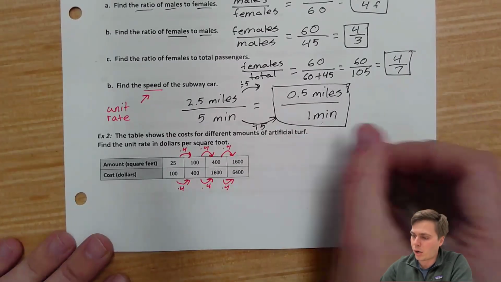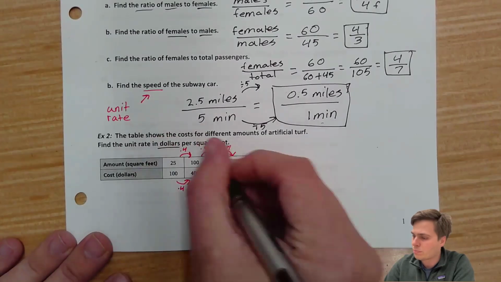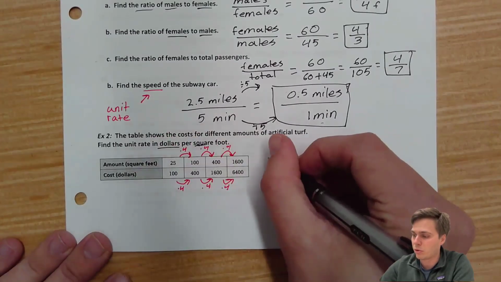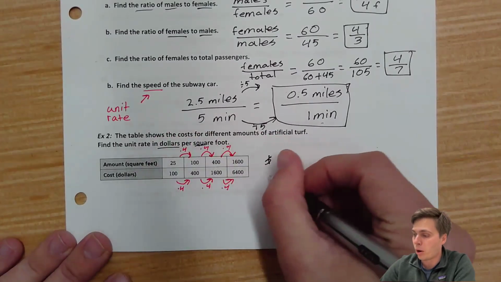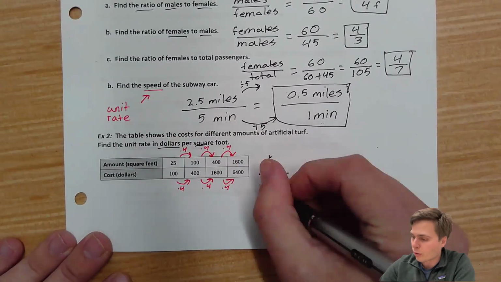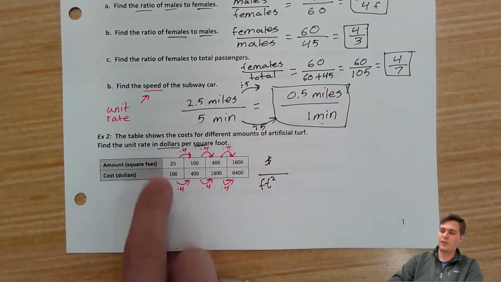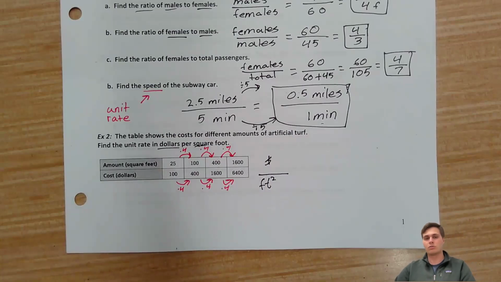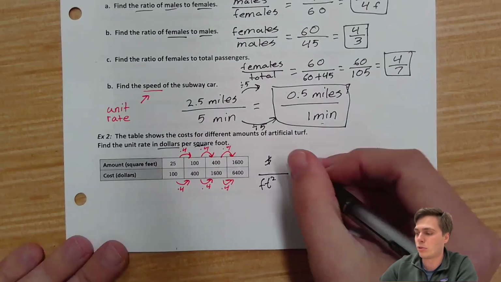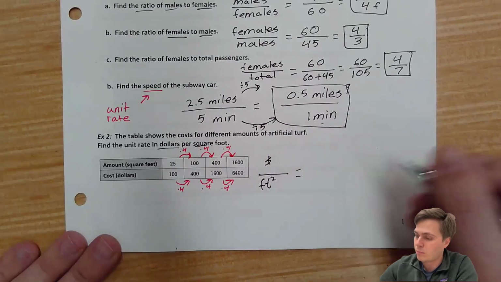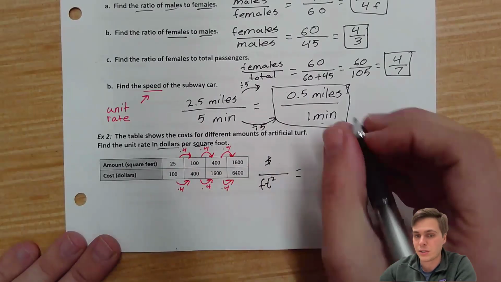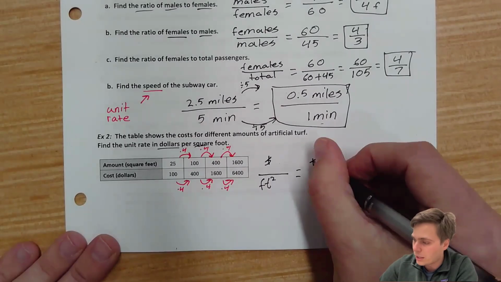We know that we wanted the unit rate in dollars per square foot. So that means we're looking for dollars per, meaning dollars over feet squared. So even though square feet is up above and cost in dollars is on the bottom, we want dollars above. We can take any of these because we know they are the same and plug in some numbers.